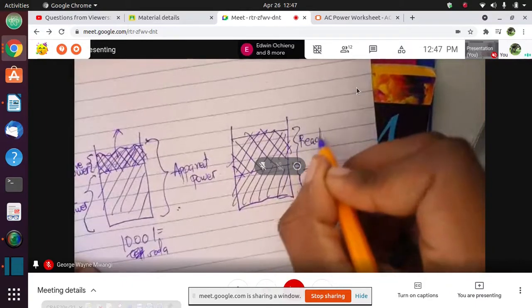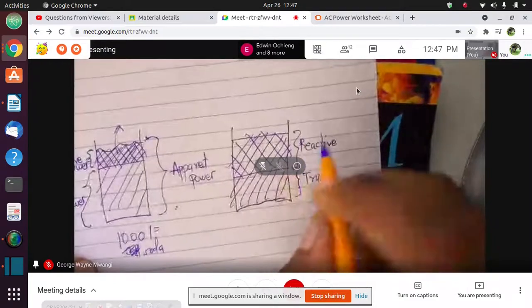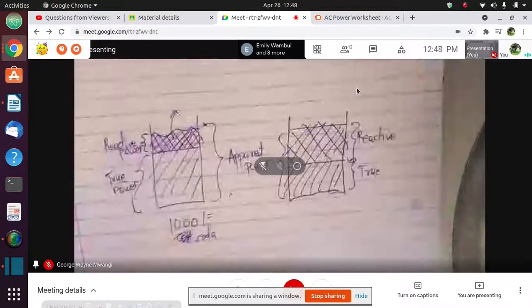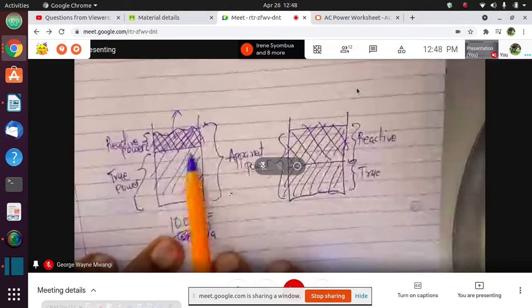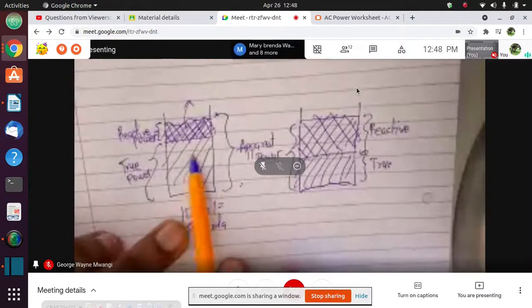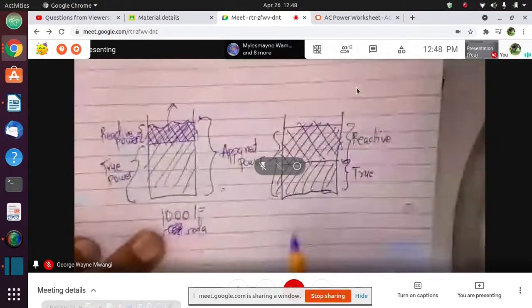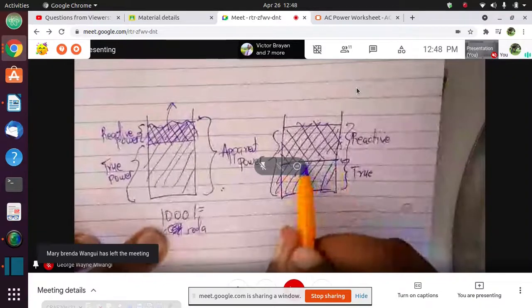There is one who has a lesser amount of soda than you, this being the total apparent power. You who has more soda in your cup will have better value for the 1,000 shillings that you have paid for, as compared to the one whose amount of soda in his cup is, let's say, half.